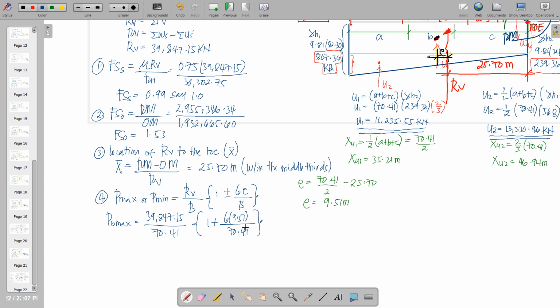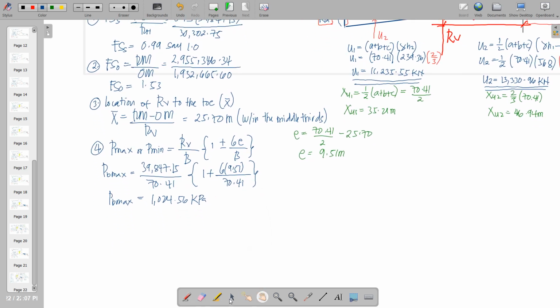Therefore, the maximum base pressure is equal to 1024.56 kilopascal.